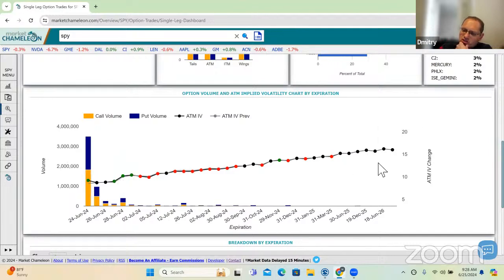That the term structure in SPY, the implied volatility term structure, is sloping higher as we go out further in time. And that's what you typically see, because as we go out further in time, there's less and less certainty, more and more things can happen, unexpected events. But it could get inverted or flattened out.